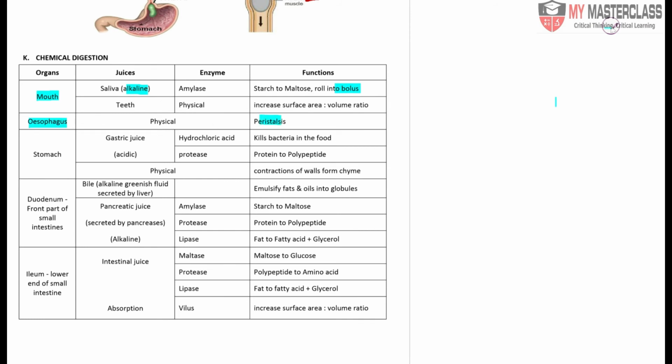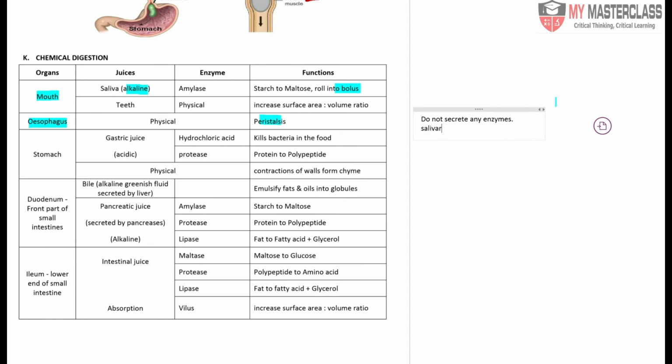Now, the esophagus is unique on its own in the sense that the esophagus does not secrete any enzymes. Okay, but is there digestion going on in the esophagus? Yes, there is. So why is that so? Is because we have got salivary amylase that is still coating the food substances that were previously chewed in the mouth.